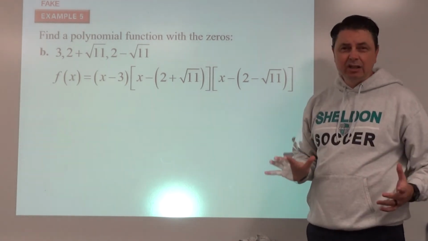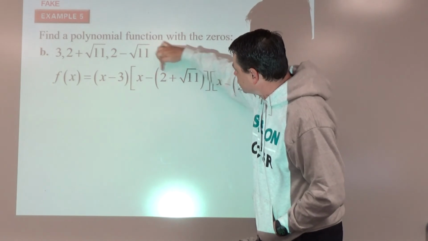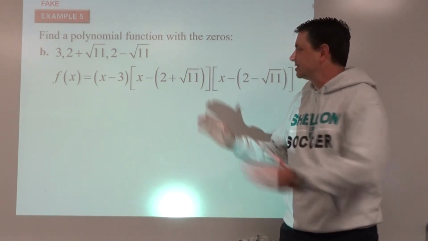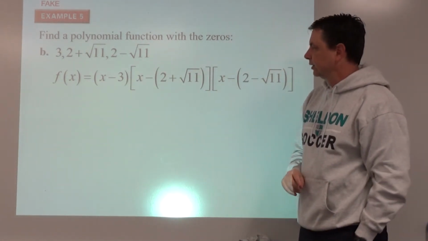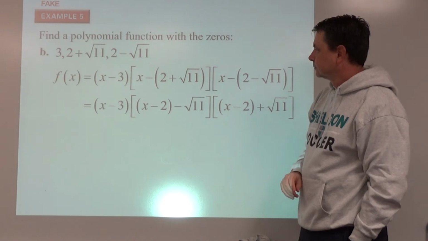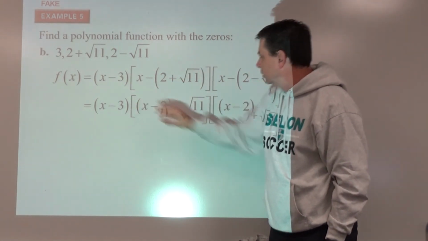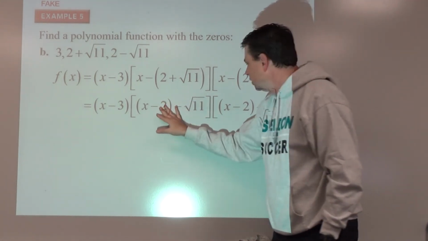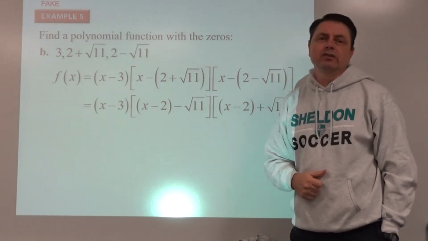Now I think to facilitate the multiplication, we may want to reorder this. Distribute the minus and then regroup. Instead of here, regroup with the first 2 together. So if we do that, we distribute the minus and then regroup. It's going to look like this. The reason that we want to do that is now this multiplication has a difference of 2 squares.